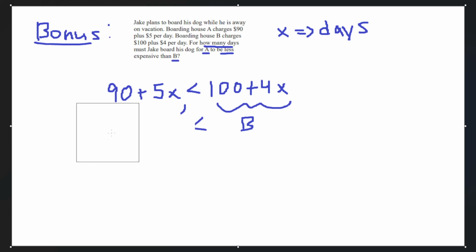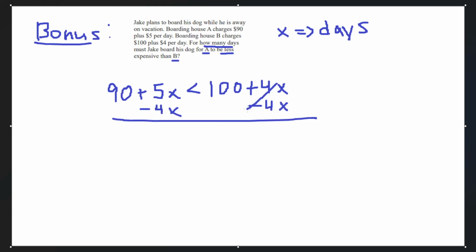So if we try to solve it now, if we subtract 4x from both sides, then we would get 90 plus x is less than 100.